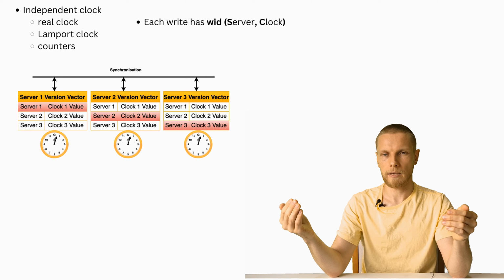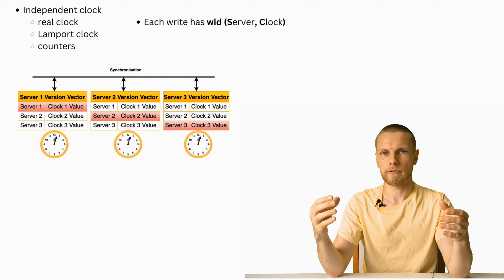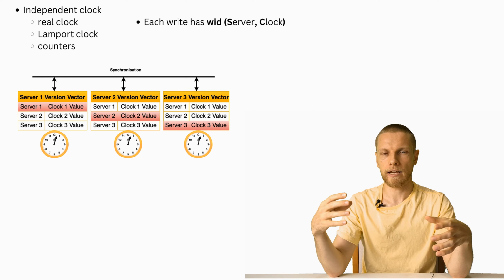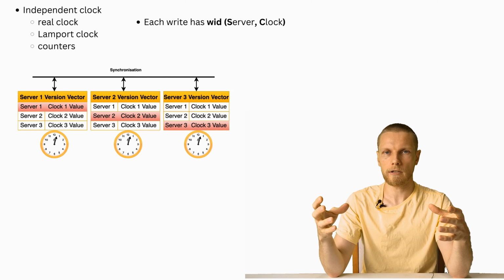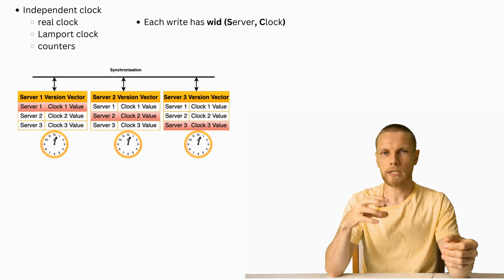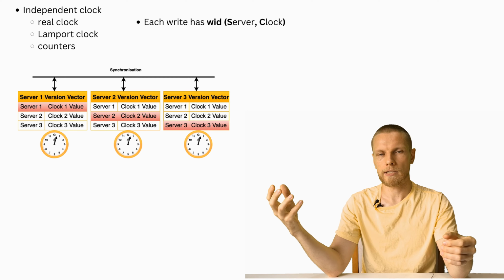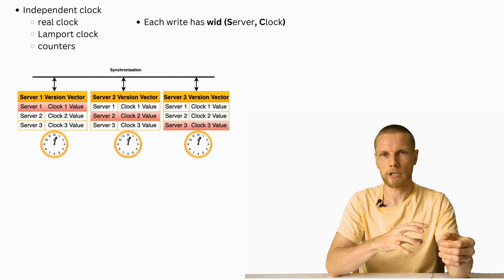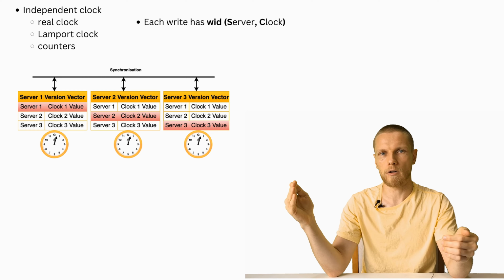Those could be any type of clock, it could be real clock, Lamport clock, or just counters, and the only requirement to that clock is that when we are doing writes, any subsequent write would have associated clock value bigger than any previous write. So basically those clocks are always increasing with every write.